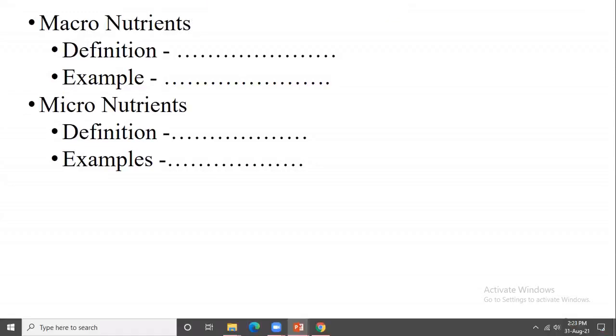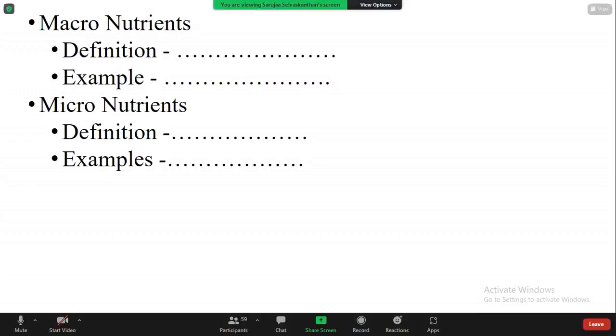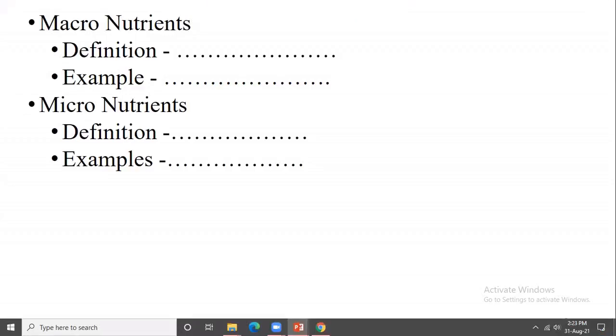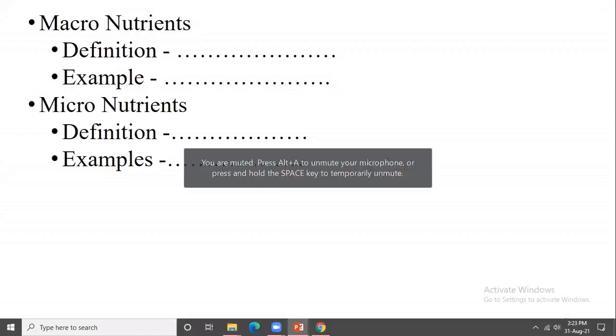Macro, yeah, very good. Both are essential nutrients. Macronutrients means a large amount compared to micronutrients. Micronutrients are less than 0.01%. No, I am correct.